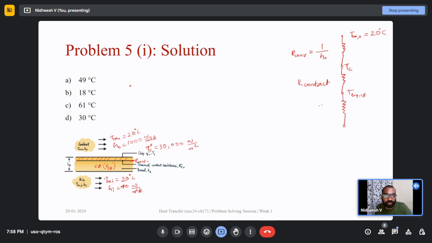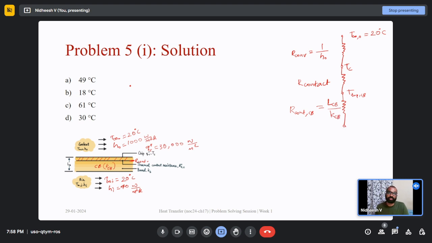Then what is this resistance? Conductive resistance of circuit board, which we can write as L by K, the length of the circuit board divided by the thermal conductivity of the circuit board. I think both of them are given.